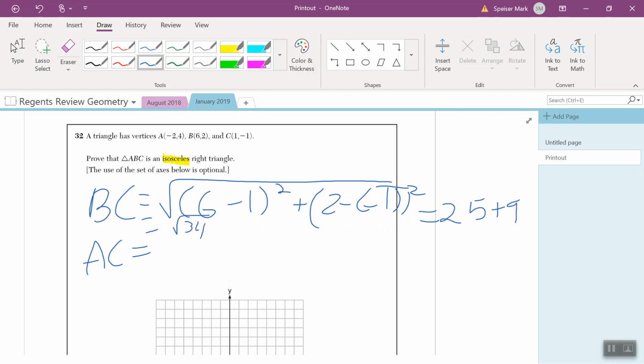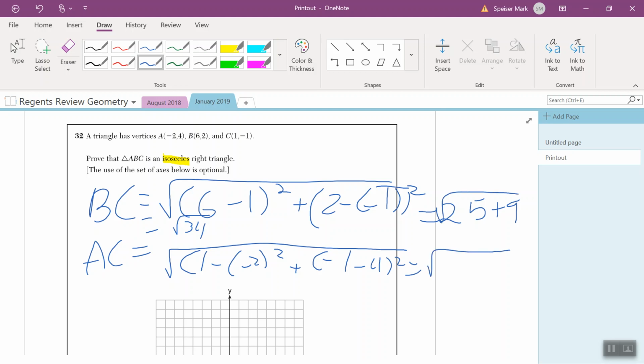I do the same thing for AC: 1 minus -2 squared plus -1 minus 4 squared, which is 9 plus 25, which is also the square root of 34.